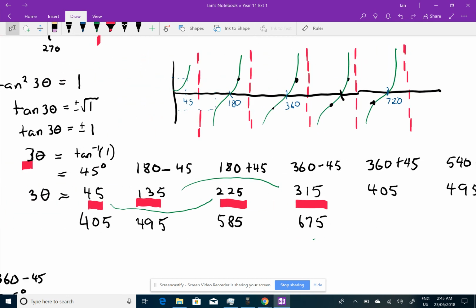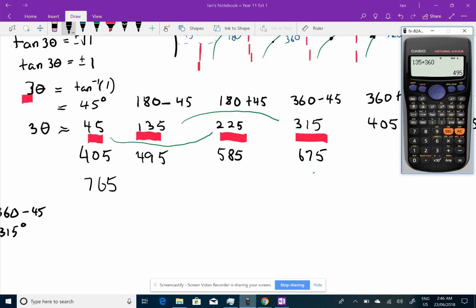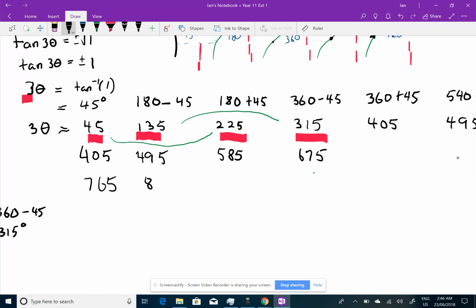Then to go again, we just go 360 plus each one of these. So 360 again will give me 765. 360 plus that, I'm going to need my calculator, 495 plus 360, 855.